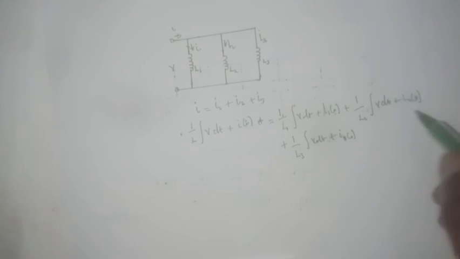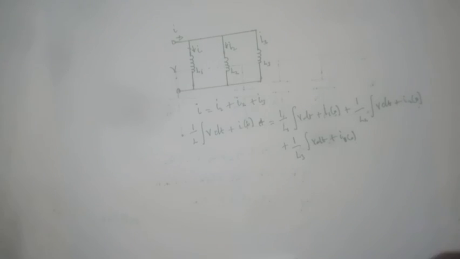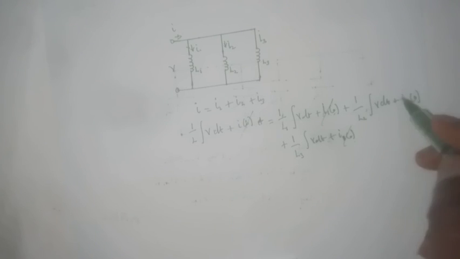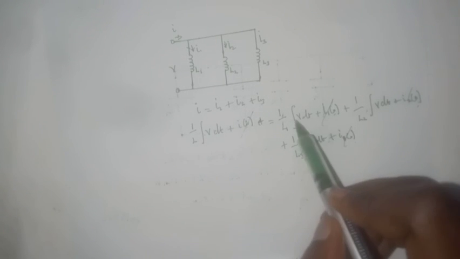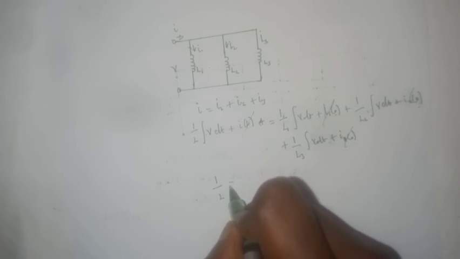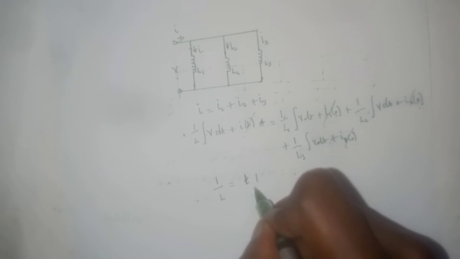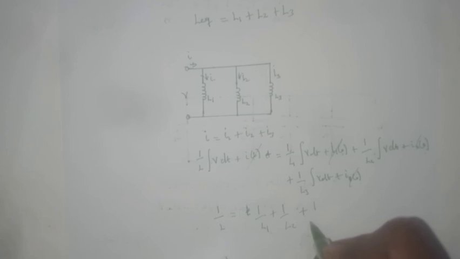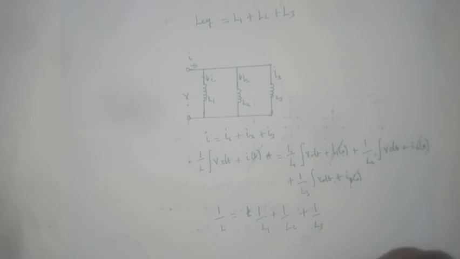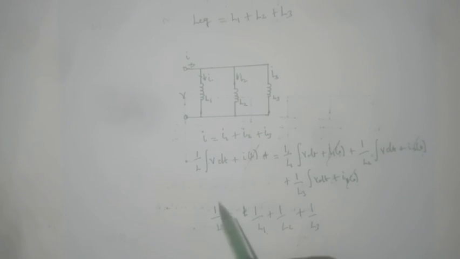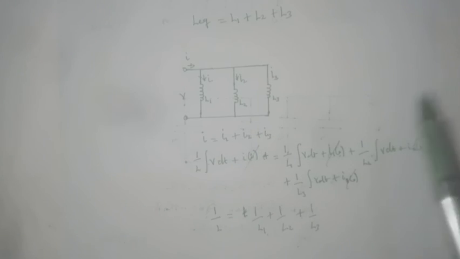Now I1 naught, I2 naught, I3 naught, I naught, they are all equal to 0 under initial conditions, so these disappear. Then we can divide through by the integral of V dt. Then we'll be left with 1 over L equivalent equals 1 over L1 plus 1 over L2 plus 1 over L3. This is the relationship between the equivalent inductance and the inductances connected in parallel.